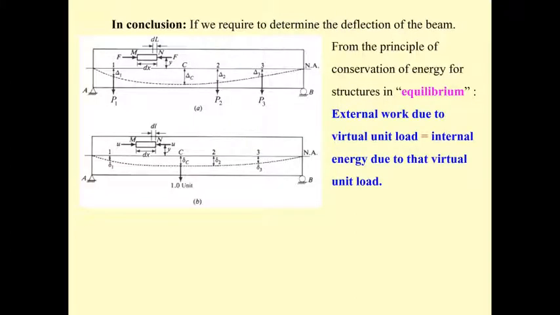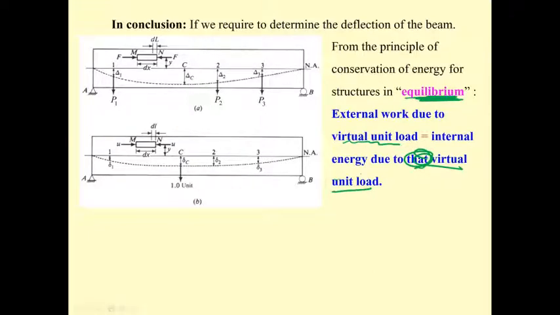In conclusion, if we require to determine the deflection of the beam, from the principle of conservation of energy for the structure in equilibrium, external work due to the virtual unit load is going to equal the internal energy due to that virtual unit load.